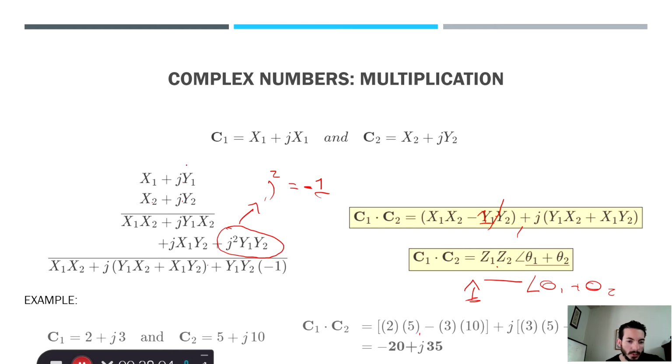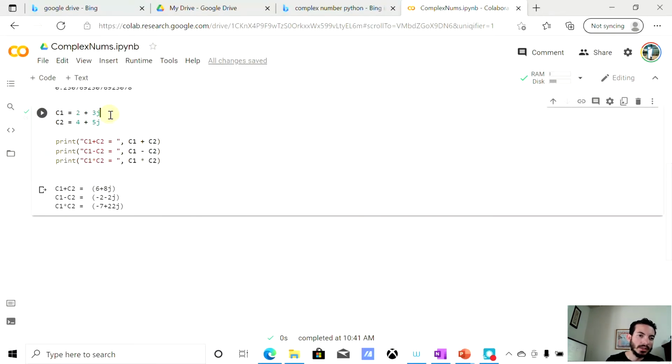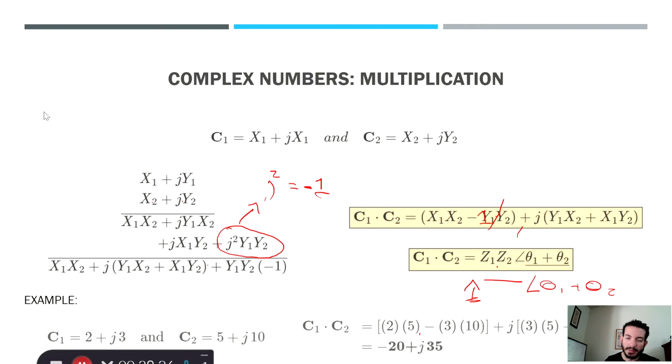So this is an example for you. A complex number 2 plus 3j times 5 plus 10j. So let's do this one here: 2, 3, 5 and 10. And the result is -20 plus 35j, and that is what we get here at the very bottom.